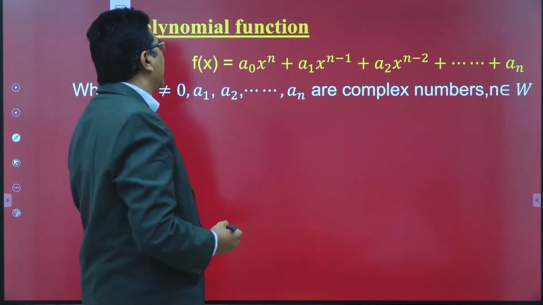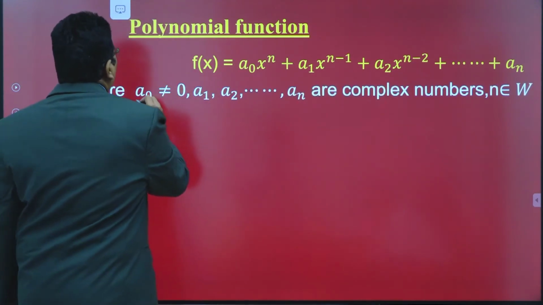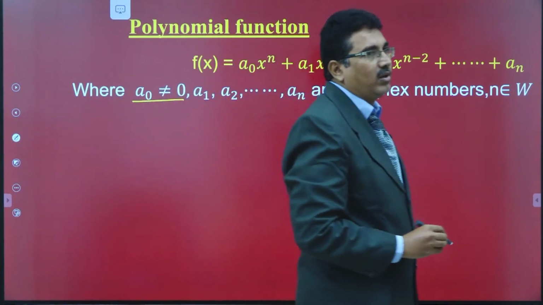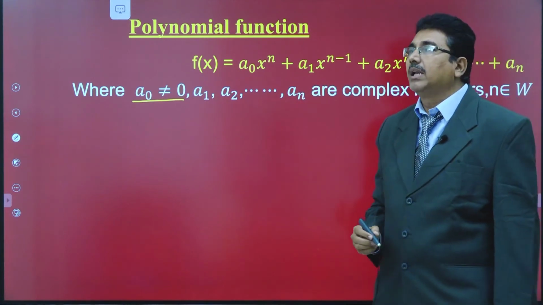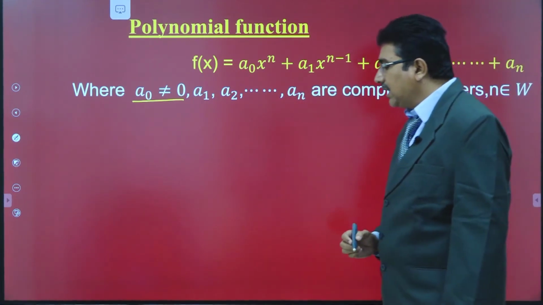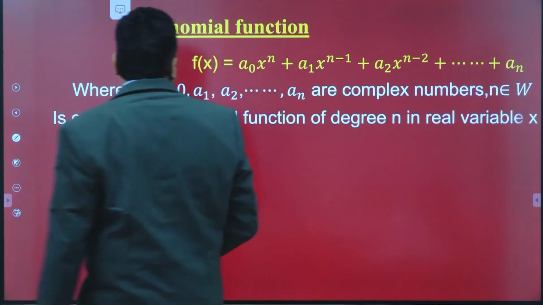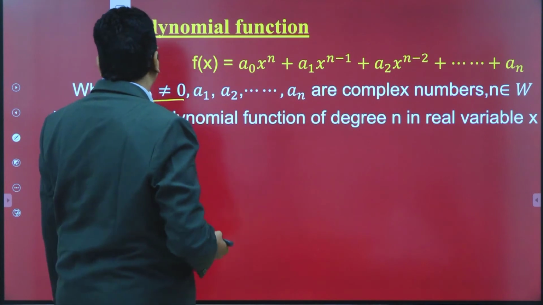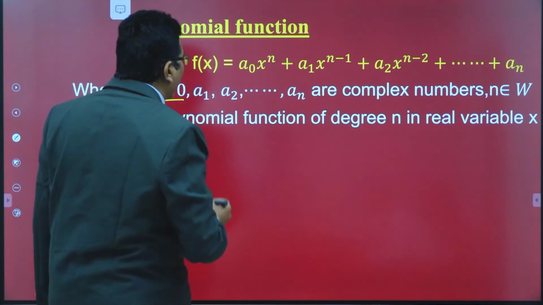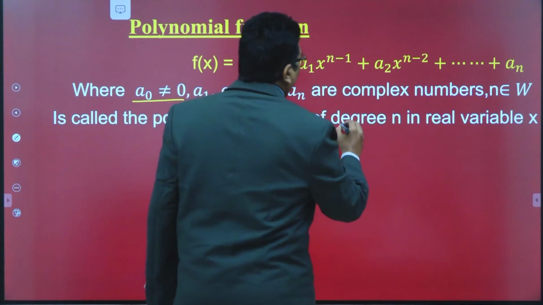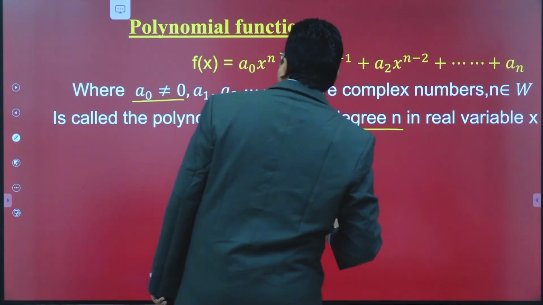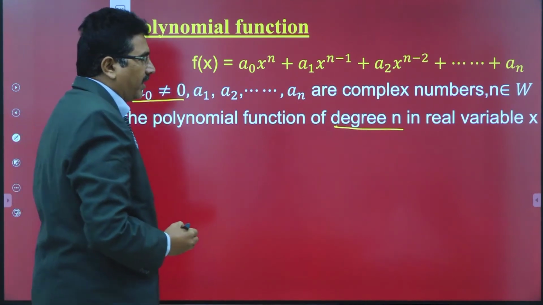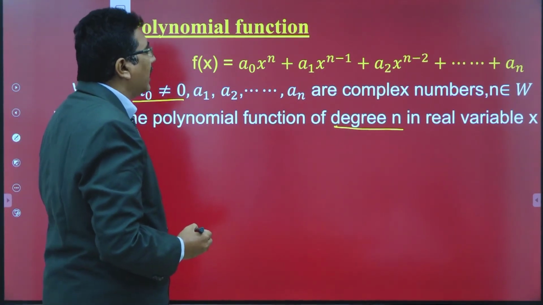The particular condition is a naught not equal to 0, where a naught, a1, a2 and so on to an are complex numbers and n is a whole number. This is a polynomial of degree n if a naught is not equal to 0. This is the polynomial function.